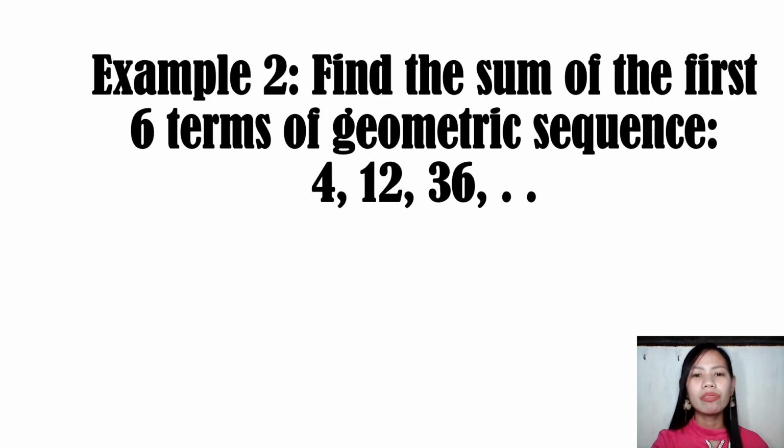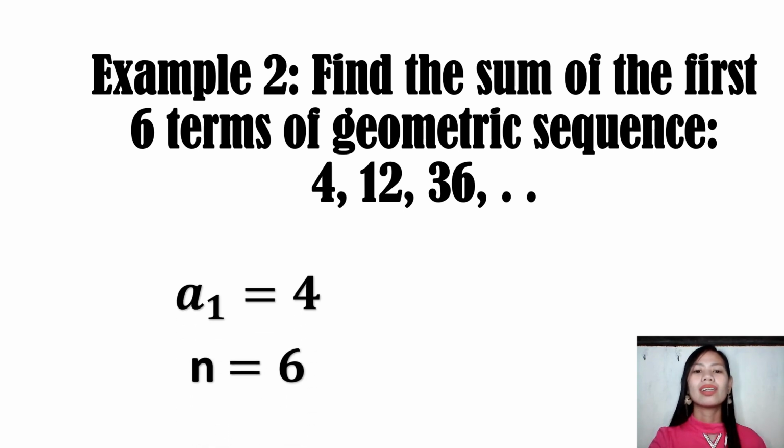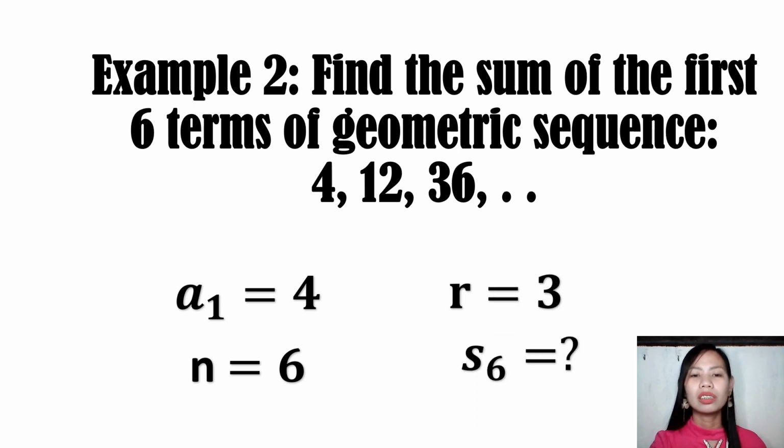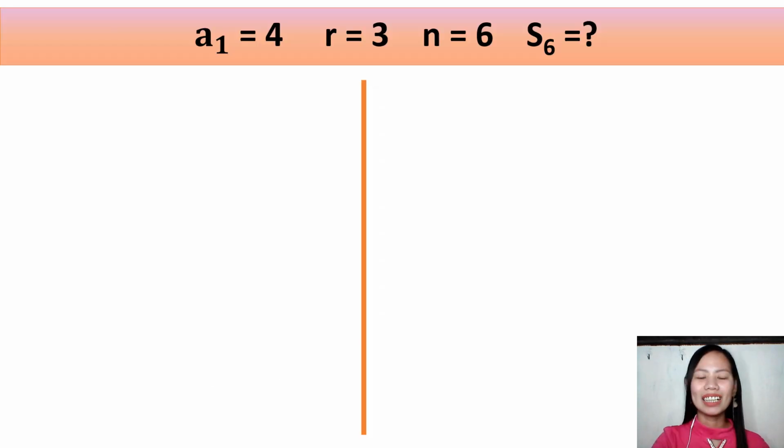Another example, if we are finding the sum of the first 6 terms of the geometric sequence 4, 12, 36, we have the first term 4, number of terms 6, common ratio here is 3, and then we need to solve for S sub 6. Let us solve this using the two formulas.